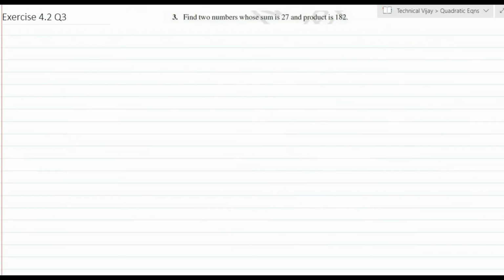Now exercise 4.2, question number 3: find the two numbers whose sum is 27 and the product is 182. To find two numbers, first we assume one number to be x.